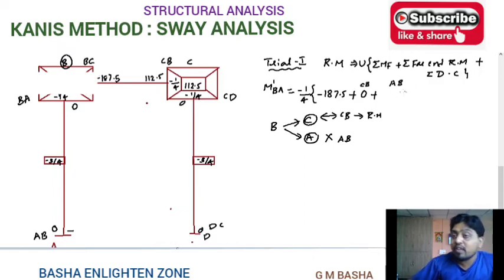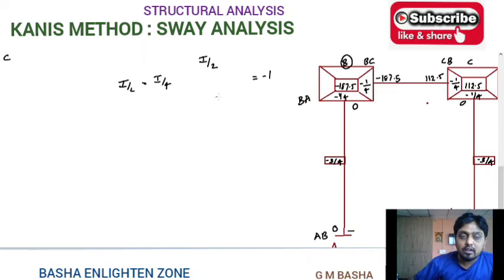But why are we talking about the sum of the displacement contributions? This is a single bay, single story portal frame. Sometimes the questions will be like this: the frame will be like this, with a support to the first column.